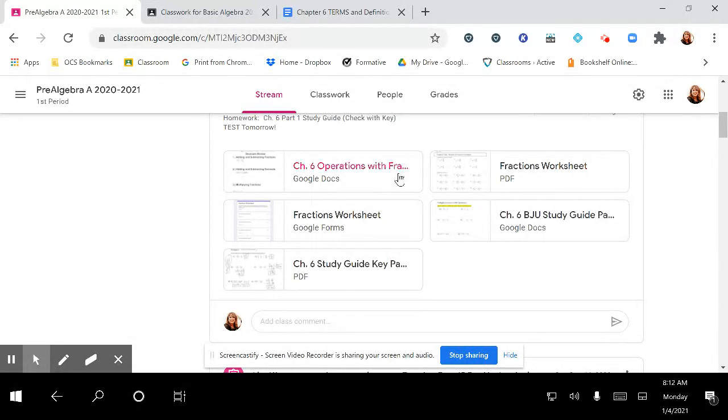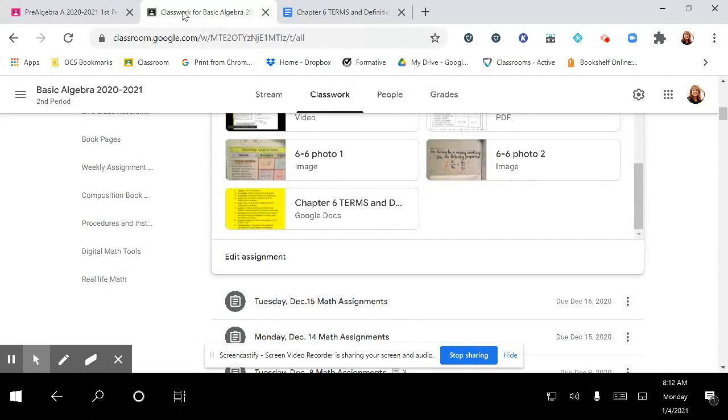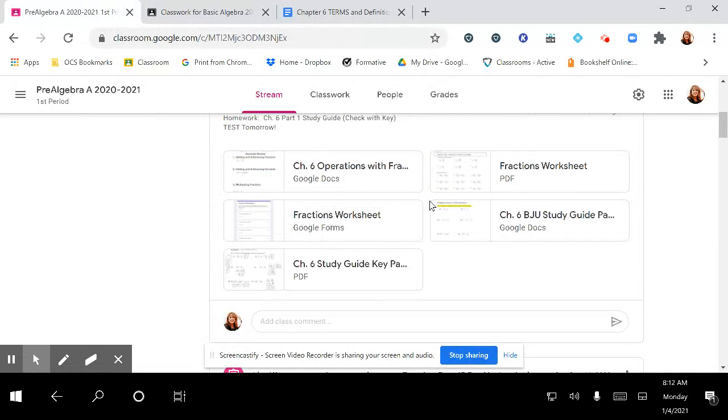So you're going to work on the worksheet. You're going to fill out the Google form for your fractions, no calculator, and then you're going to do the Chapter 6 Part 1 study guide and check it with your key. And tomorrow is a test, first test of 2021, okay? So make sure that you do check your study guide.